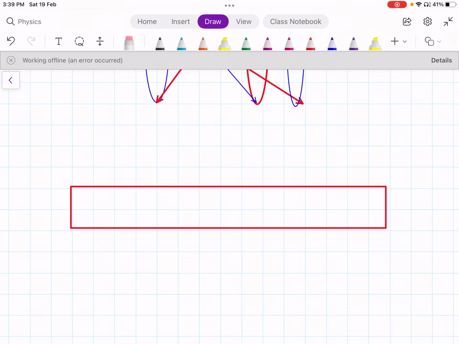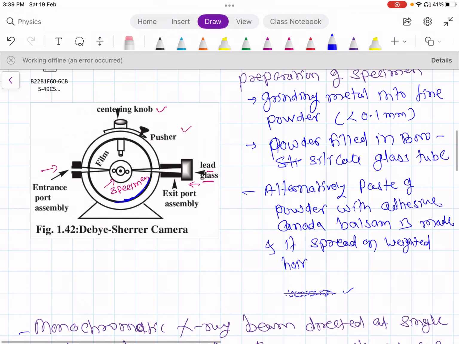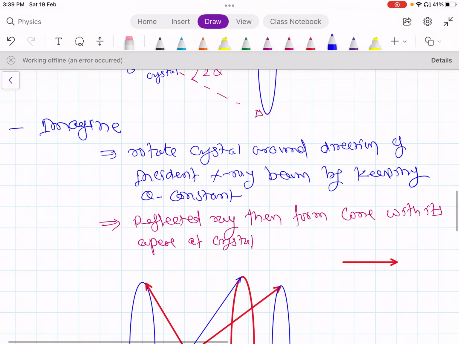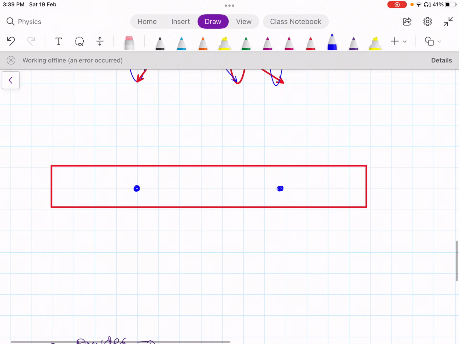This is the X-ray film, and in this there are 2 points over here and over here. Through one, X-rays incident comes in, and through the other, X-rays go out.